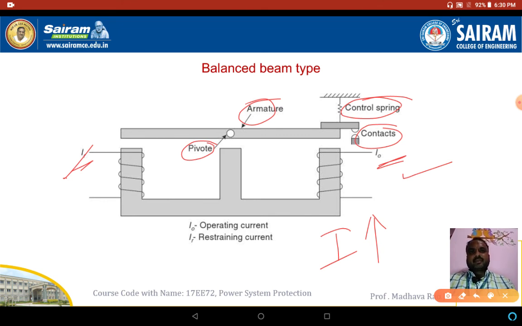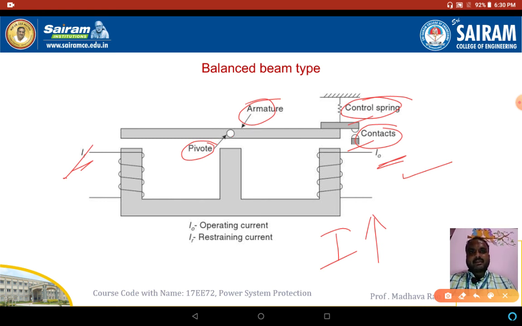This balanced beam type relay consists of a beam carrying two electromagnetic ends. One gives the operating torque while the other gives the restricting torque. The beam is supported at the middle on a pivot and remains horizontal under normal conditions.